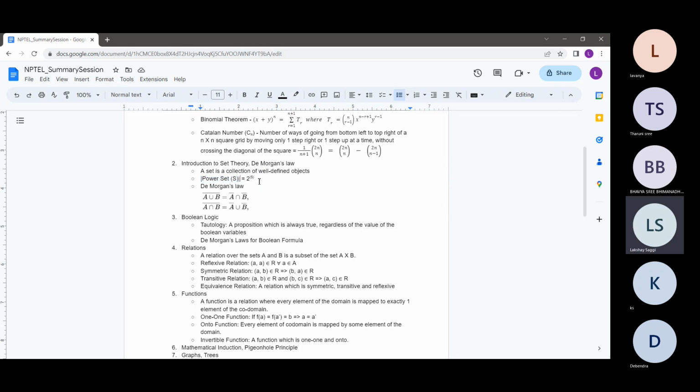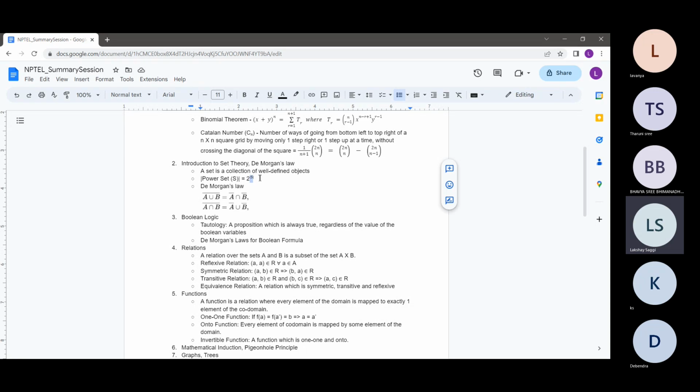So power set is nothing but a collection of all the subsets of a set, right? So the power set of a set S is just the set containing all the subsets of that set. The cardinality of the power set is equal to 2 raised to the power cardinality of S. And why is this the case?